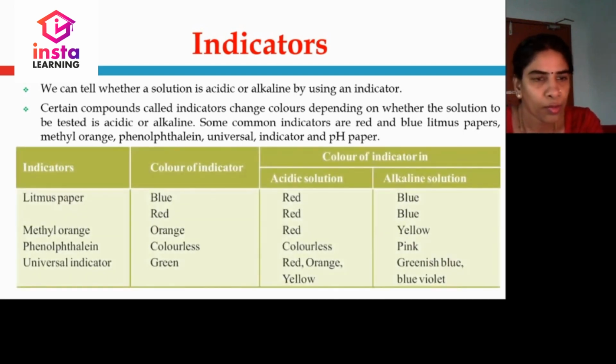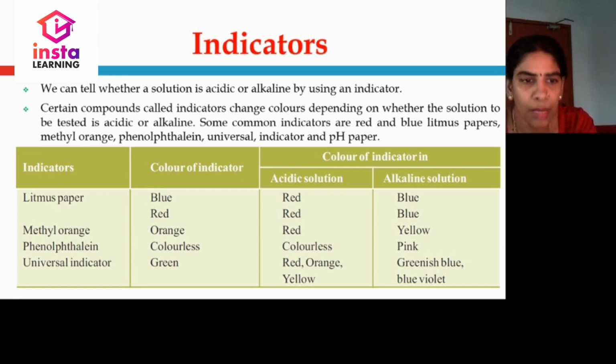So, let us take the blue litmus paper. When you dip the blue litmus paper in acidic solution, the blue color turns to red, whereas the red litmus paper will remain red in the acidic solution. Let us now check the blue litmus paper in the alkaline solution. It will remain blue, whereas in acidic solution it becomes red.